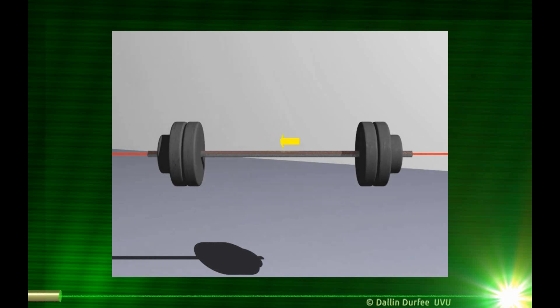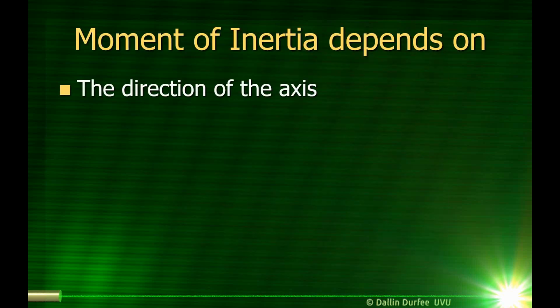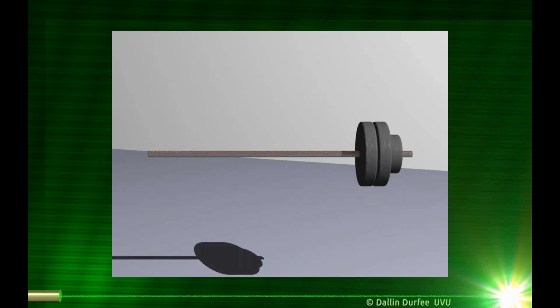Anyway, by looking at these two examples, we realize then that the moment of inertia depends on the direction of the axis. So unlike mass, where it's just some property of the system, right? This has a mass m. When we talk about angular rotation, the moment of inertia of a given object depends on how we rotate it. It depends on the direction of the axis that we're rotating it around.